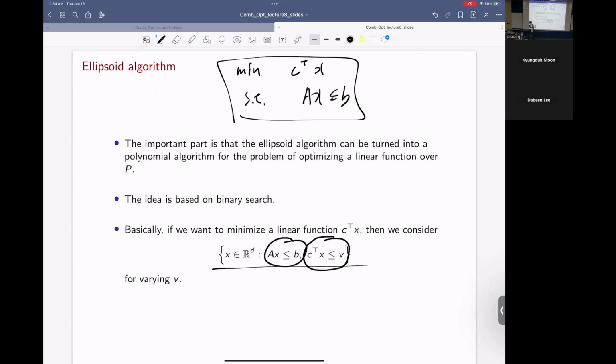You repeat until you don't have a solution. The last value V will give you the optimal value of this linear program. So the feasibility problem is equivalent to the optimization problem.